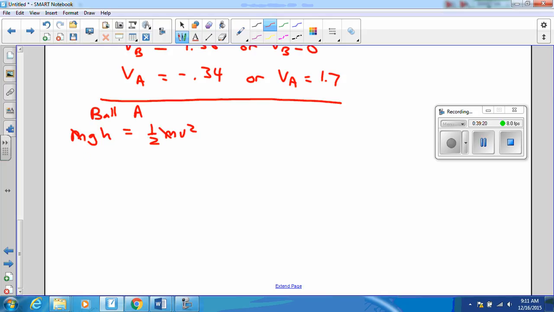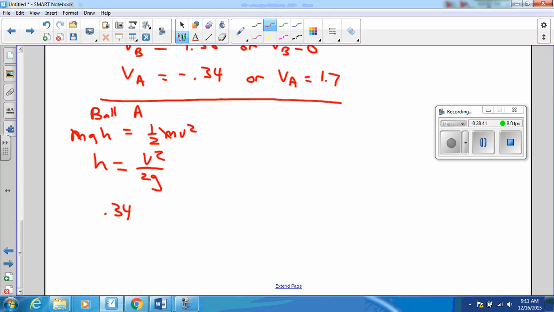Cancel, cancel. Notice that if I do this symbolically, then I actually get a formula that I can plug into for each ball, right? This is not what I want. I want the height equation. Same thing. If I do it symbolically, I can get an equation for each ball and just plug in directly.